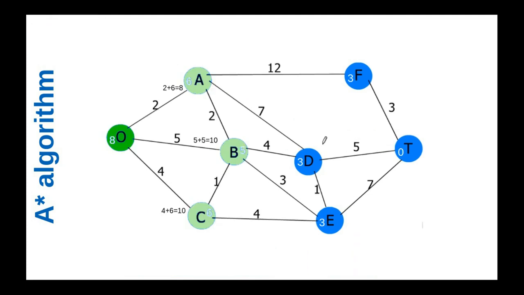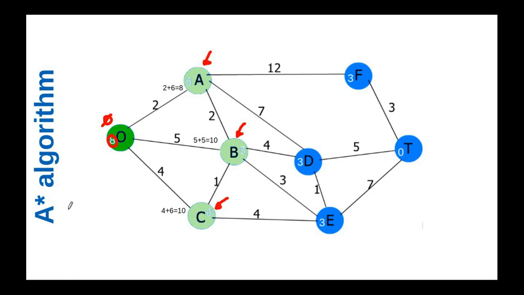So let's start from the original node, that is O, and as you can see here, it has a cost of 0, but it has a heuristics of 8, because the distance from O to T, this straight line, is 8. But have a look at the neighbors of O. These neighbors are A, B, and C, with the heuristics of 6, 5, and 6 again.